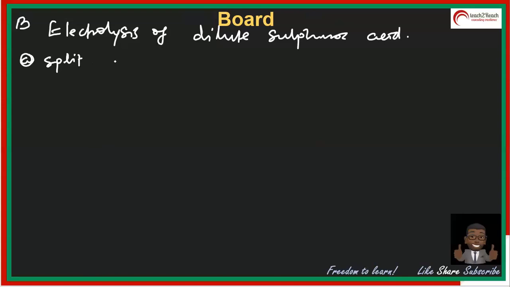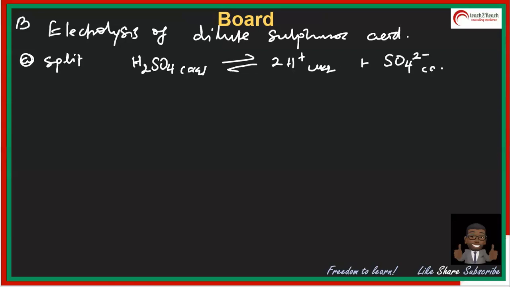So what are the ions present here? We have sulfuric acid, H2SO4 aqueous, which is going to dissociate into hydrogen ion and sulfate ion.